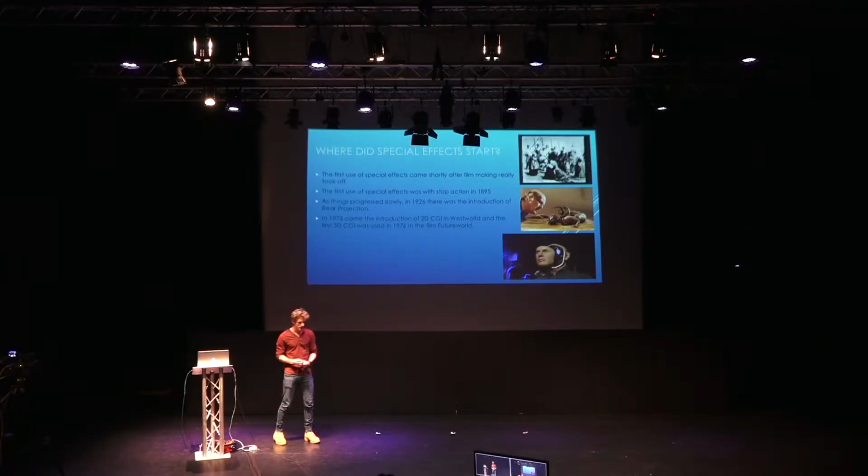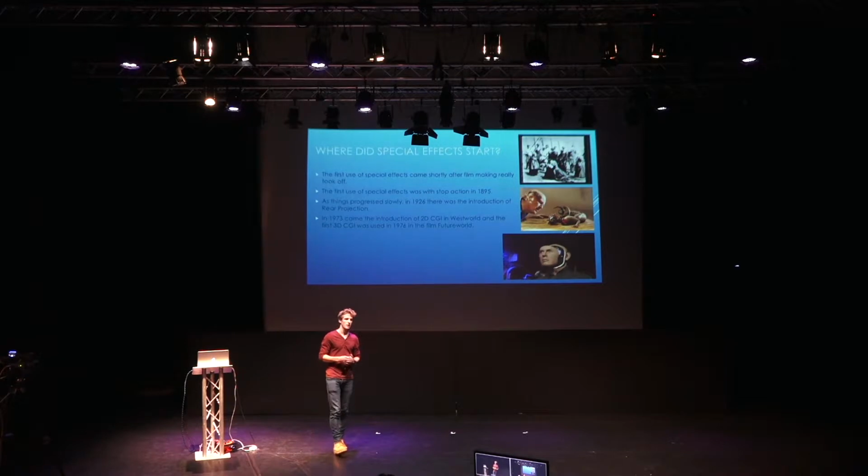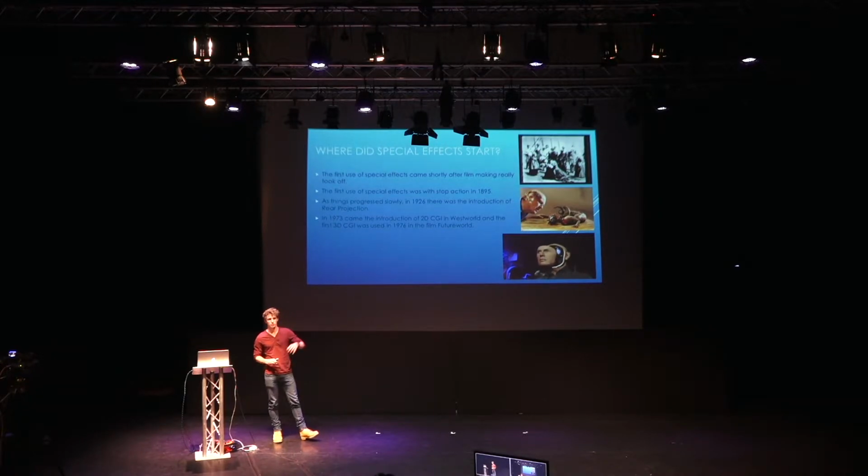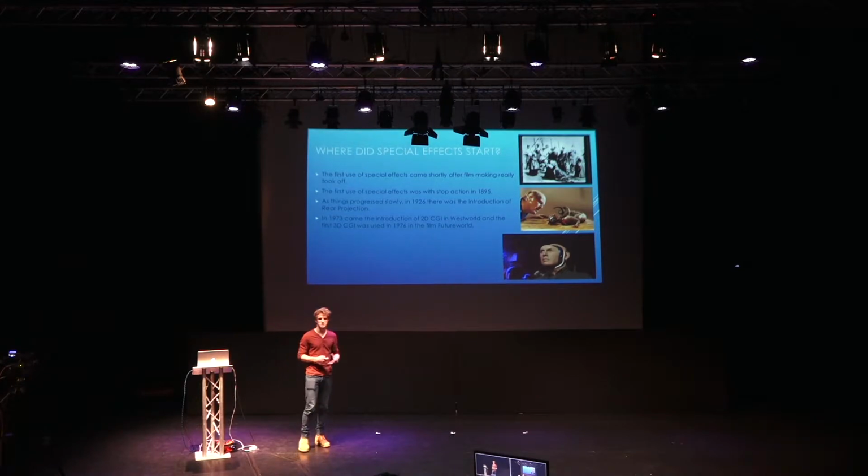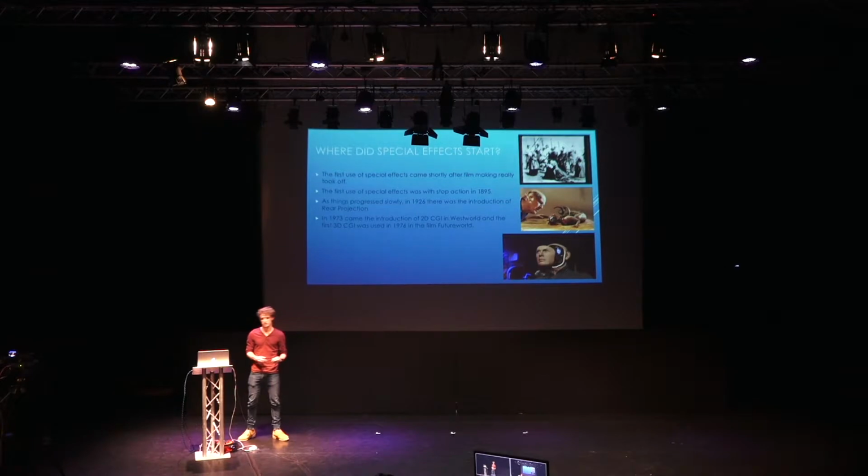Rear projection allowed him to film actors in a certain scene or setting, and then project them onto a wall from behind, and then use models interacting with the actors, so that he could create a film with creatures that don't exist as models interacting with the actors, or looking like they're interacting with the actors.